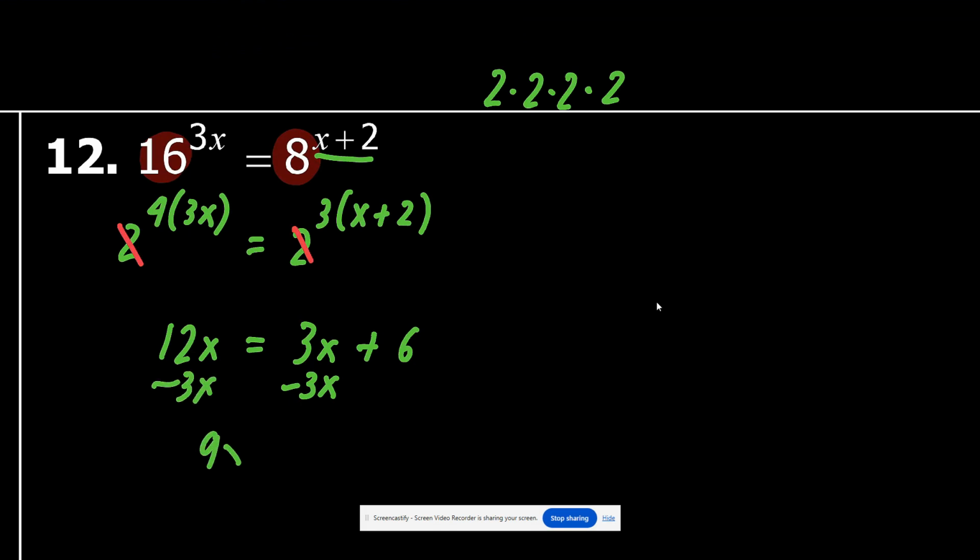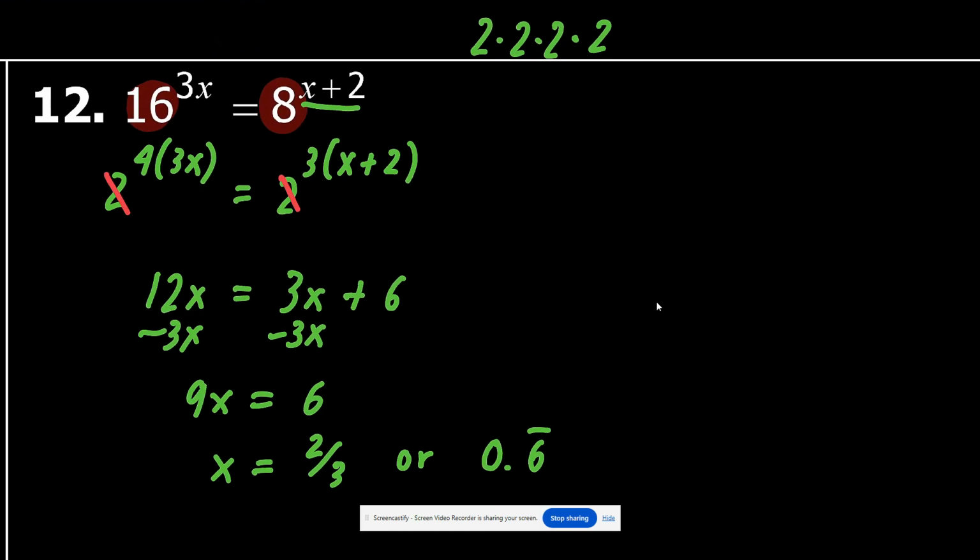So 9x equals 6. I'm going to divide by 9. So x equals either 2/3, or you could put 0.6 repeating if you wanted. Okay, I don't care which of those two you do, but pick one, okay? 2/3 or 0.6 repeating.